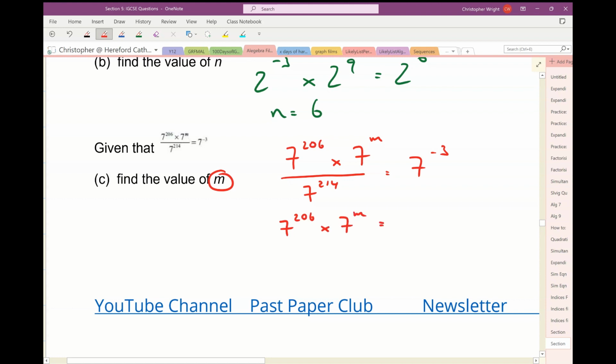And on the right-hand side, I'm going to have 7 to the minus 3 multiplied by 7 to the power of 214. Add the indices, gives me 7 to the power of 211. Right, so what will this m have to be to make this equation hold water? Answer, it will have to be 7 to the 5, so m would have to be 5.